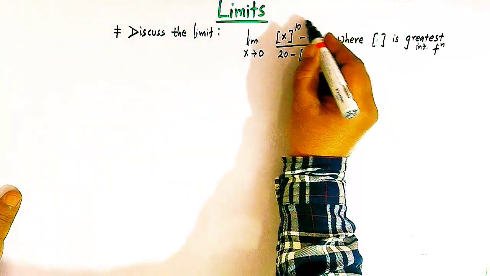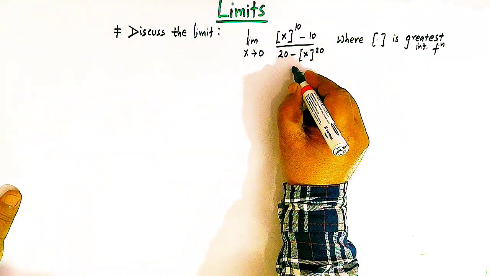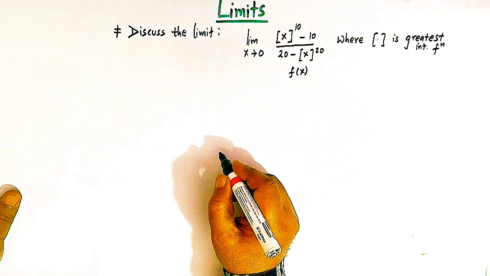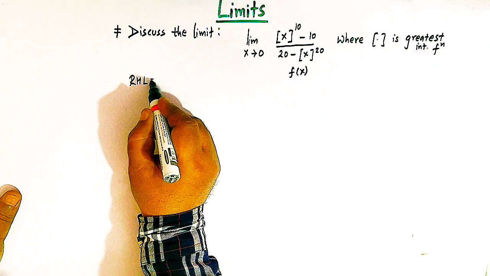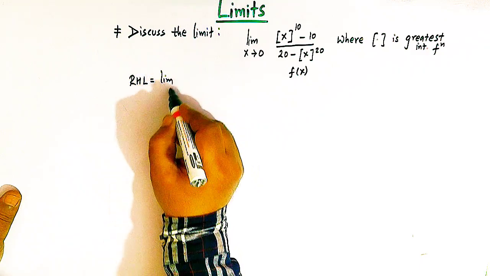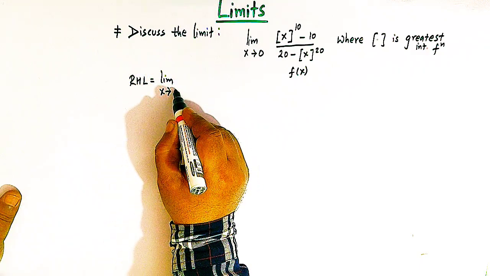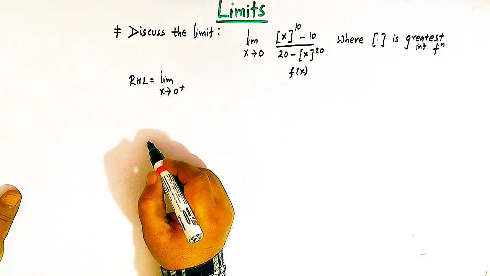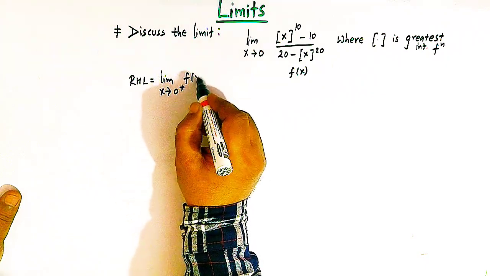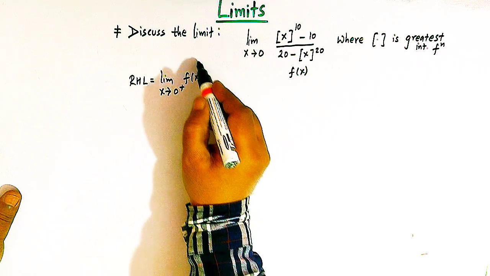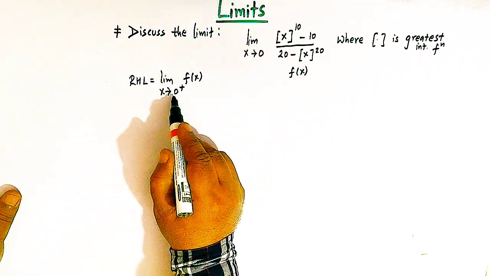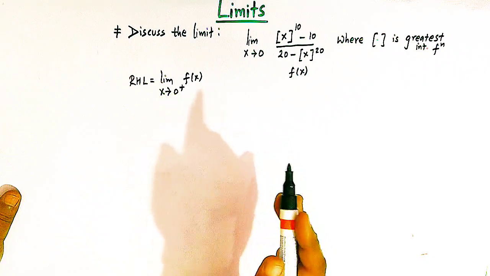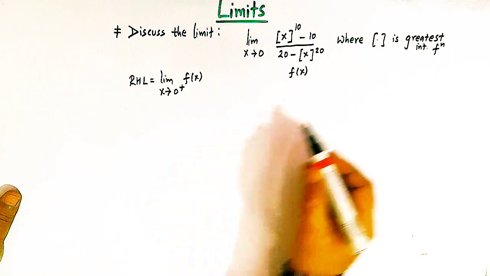So let us first take this function as f of x. The right hand limit is given by limit x tends to 0 with a positive sign, of f of x. This is the notation for the right hand limit when x approaches 0 from the right of x equal to 0.